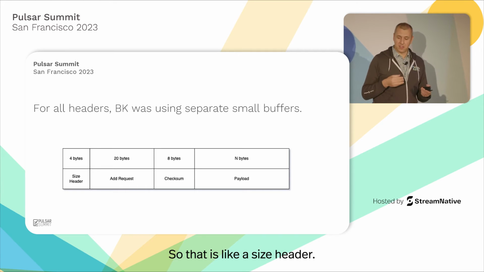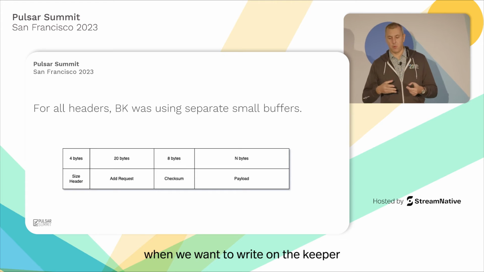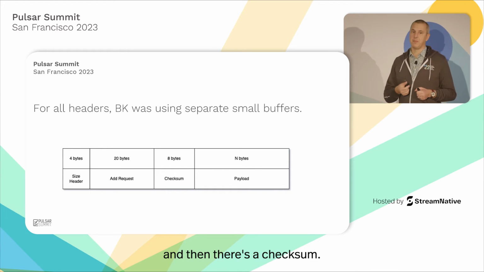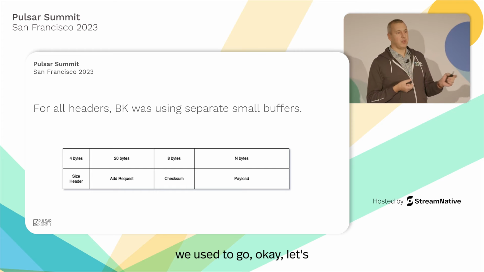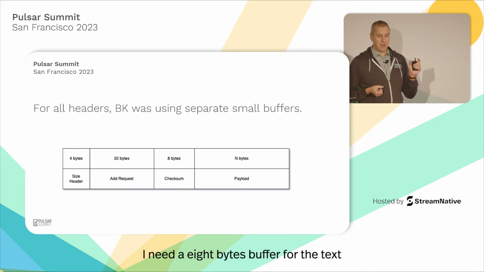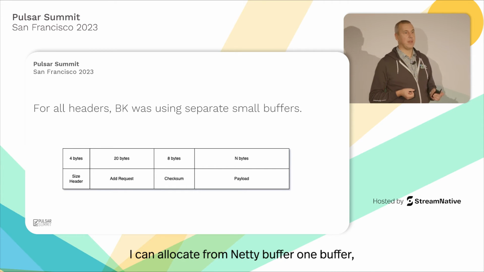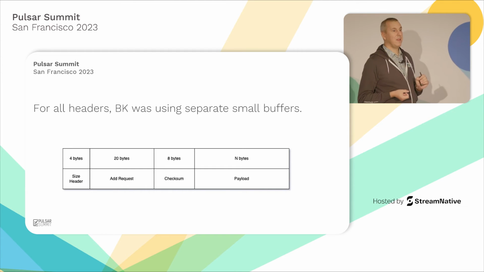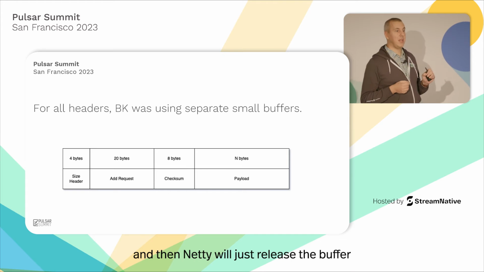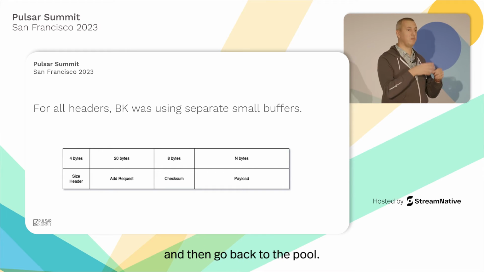There's a size header, the add request when we want to write on BookKeeper, and then there's a checksum. In the past, we would say, okay, I need an 8-byte buffer for the checksum. I can allocate one buffer from Netty, use it, and then serialize, and then Netty will release the buffer, and it goes back to the pool.